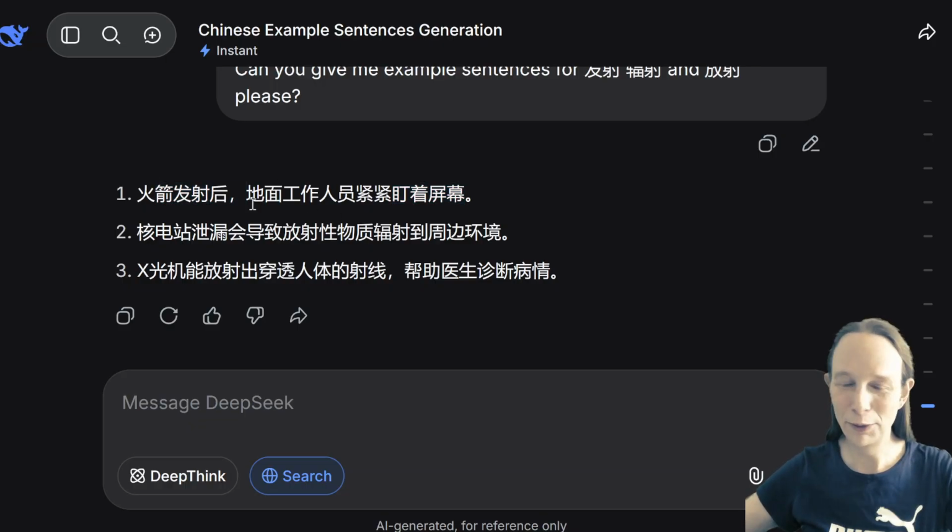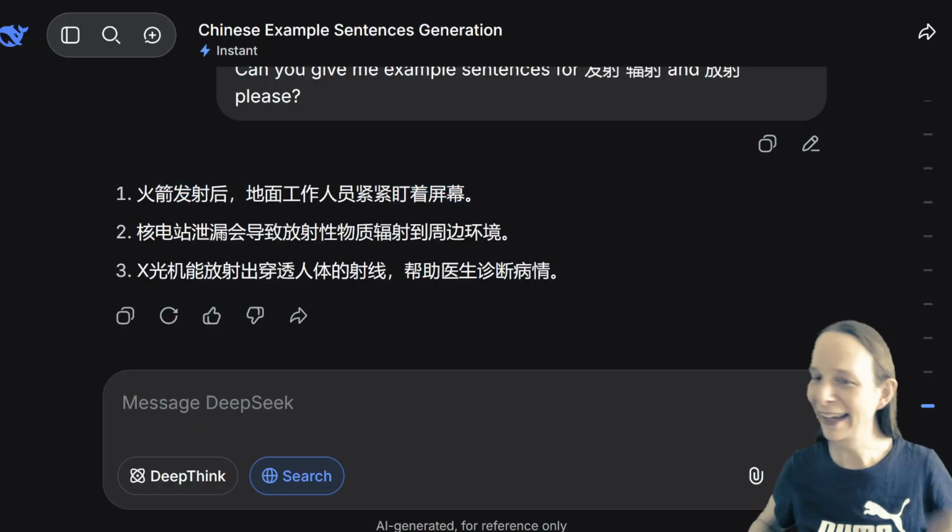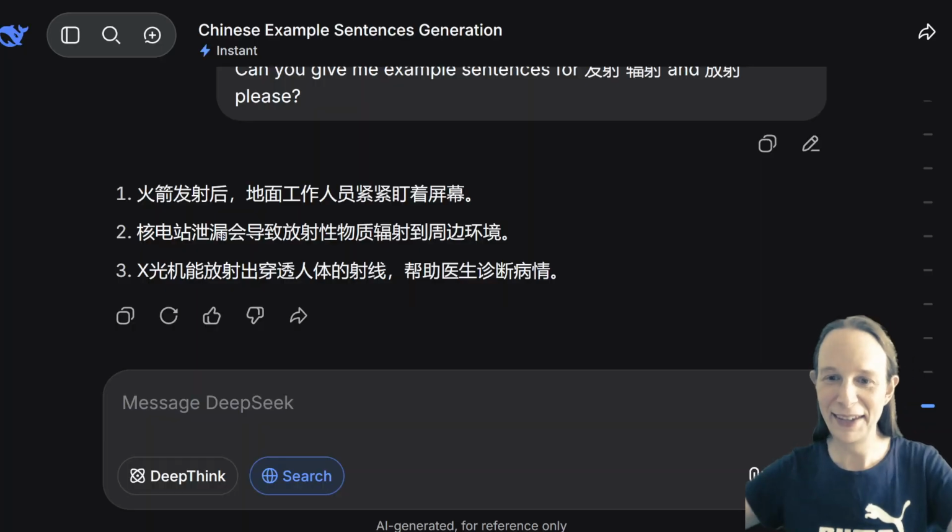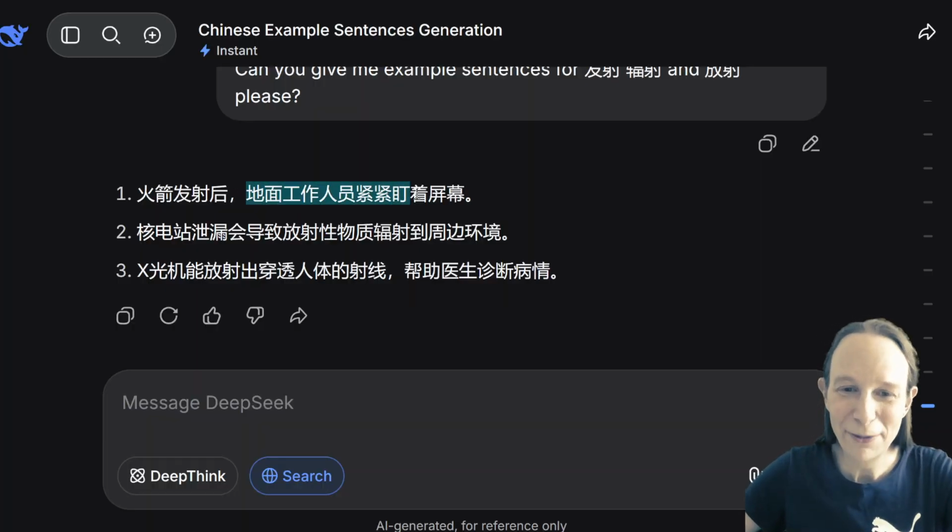Presumably the rocket launch is on the screen. They're not watching Pokemon or something. They're watching the rocket launch on the screen. 核电站泄漏导致放射性物质辐射到周边环境.